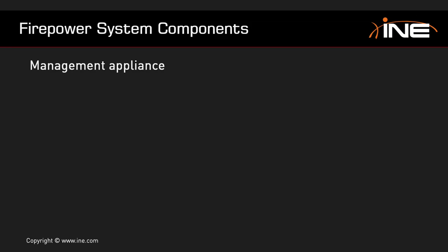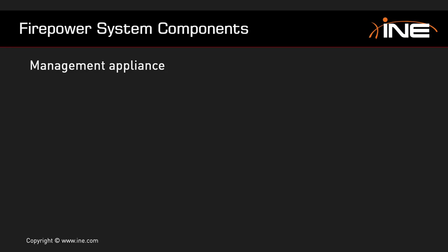Okay, any type of firepower system, or just a security system that includes the firepower component, is going to be deployed using two types of devices. We will have a management appliance, which is what we will use for administration, and we will have our sensor, which is eventually going to be placed into the data plane to enforce our policies.